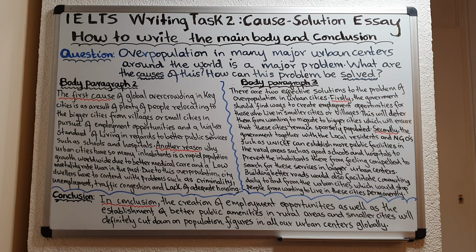Furthermore, they also want to have a better standard of living as they look for schools and hospitals. So you can write that as well if you're aiming for a lower band, or if you're not a very confident writer. Instead of writing one complex sentence for the first cause, you can write a simple sentence, and then another simple sentence and a compound sentence.